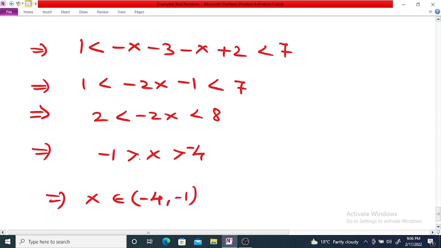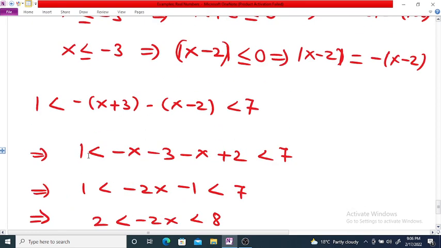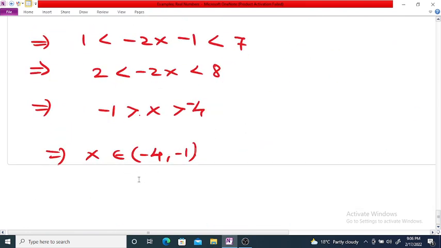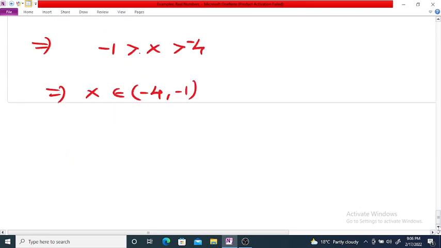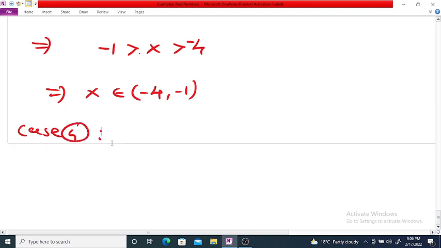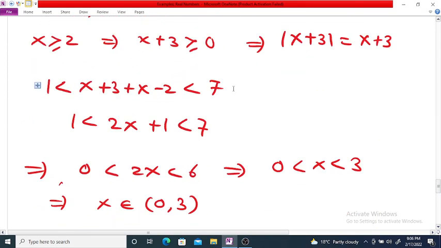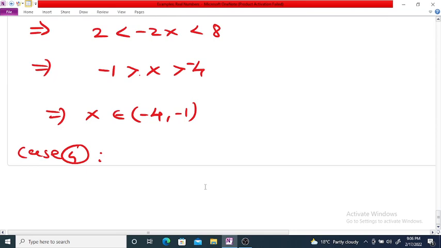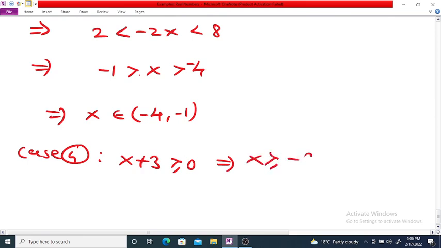So if x is less than or equal to minus 3, we get x lies between minus 4 and minus 1. And the last condition, case number 4: if x plus 3 is greater than 0, suppose this number is greater than 0, that is x is greater than minus 3.